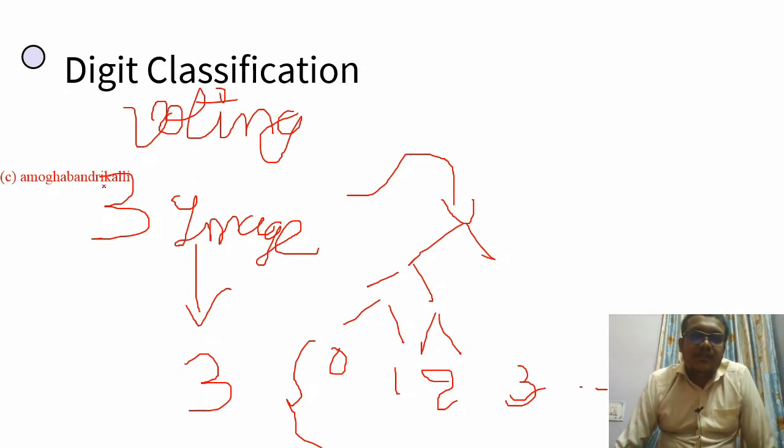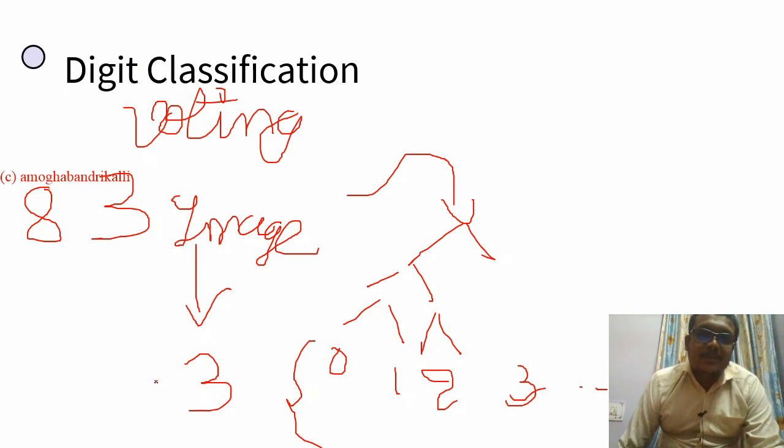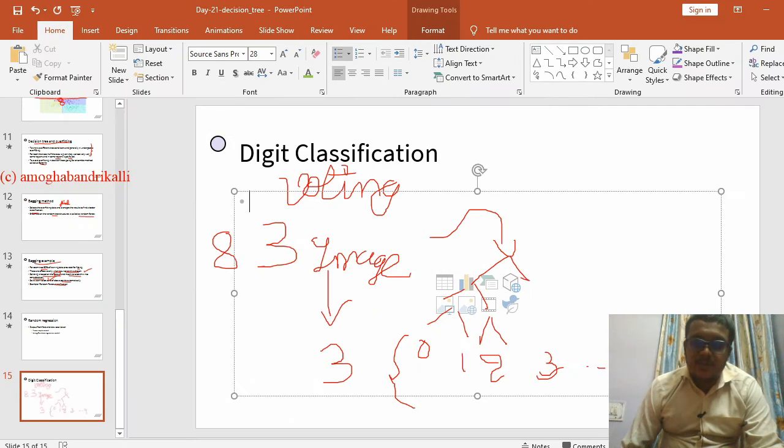But if the given image is 8, it will resemble it here. So sometimes it may say 3, and sometimes it may say 8. That is based on the machine's feature values.